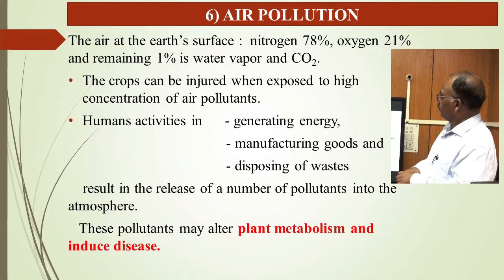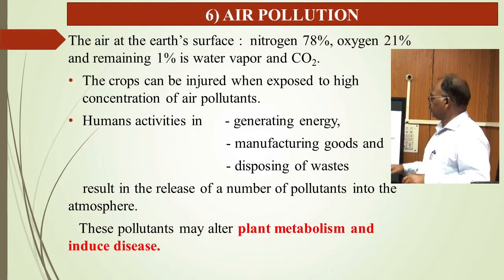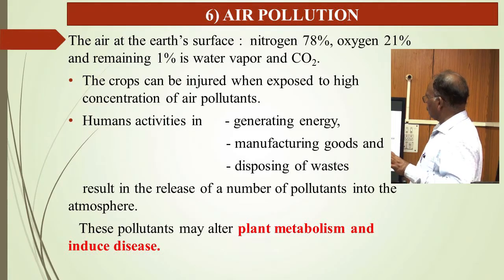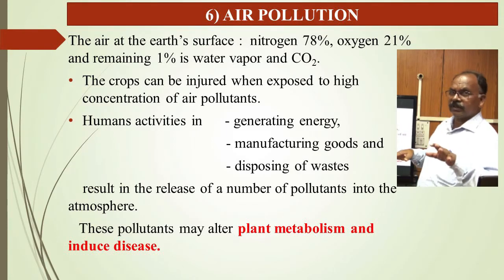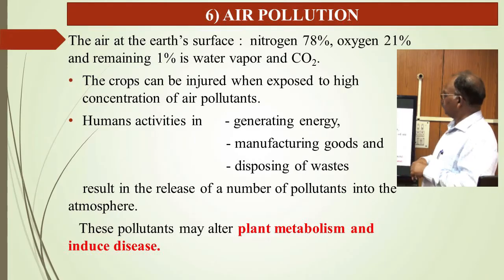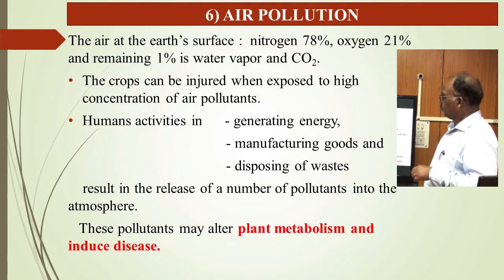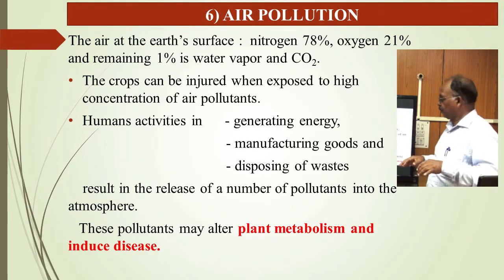Air pollution. As you know, air consists of nitrogen 78%, oxygen 21%, and the remaining 1% is water vapor and carbon dioxide. The crops can be injured when exposed to high concentrations of air pollutants. Human activities in generating energy, manufacturing goods and disposing of waste result in the release of a number of pollutants into the atmosphere.